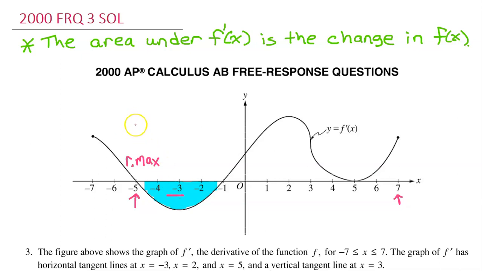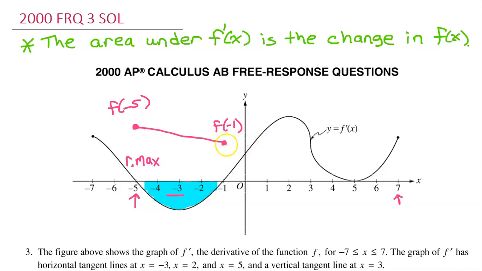So imagine that this point right here represents the value of the function at -5. By the time we get to -1, the value of the function will have decreased, because that's what a negative area under the curve tells us. So f at -1 is going to be less than f at -5.